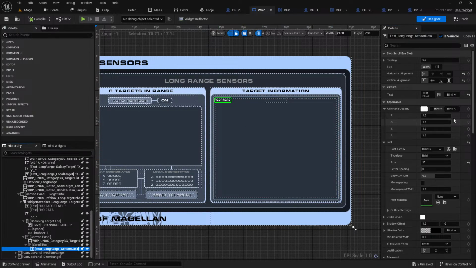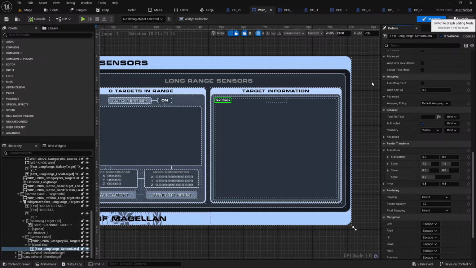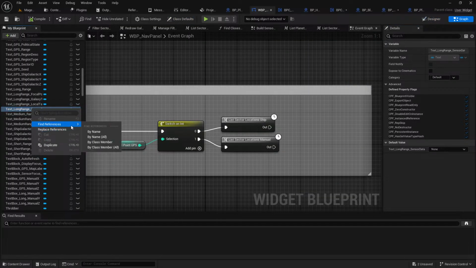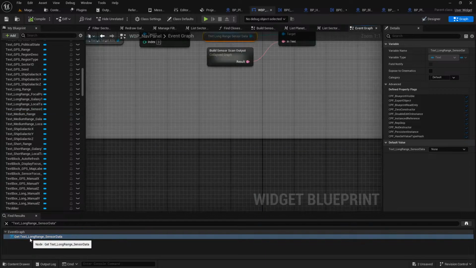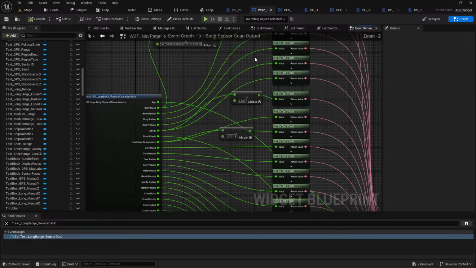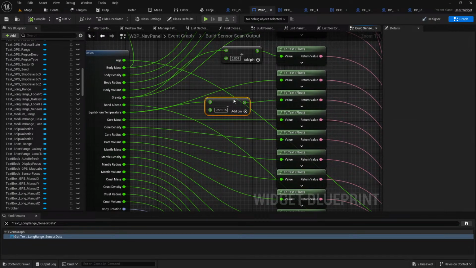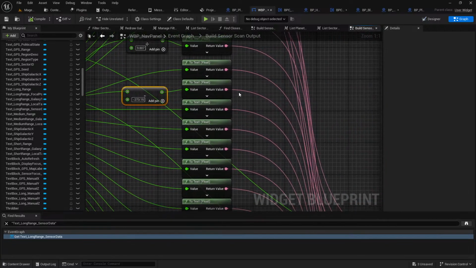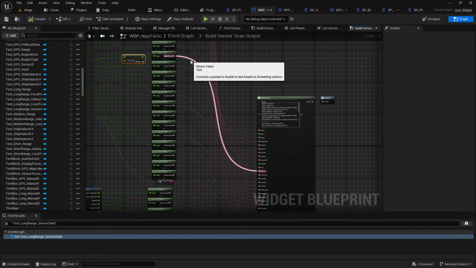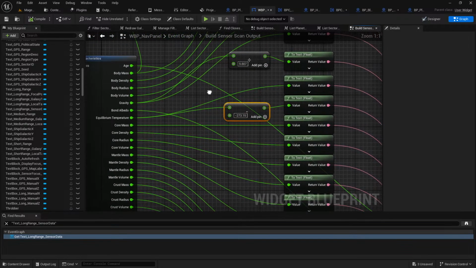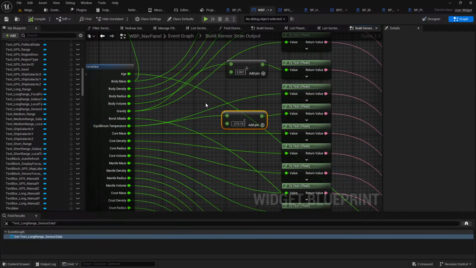Where's the box? There's the box. The ship will have practically an infinite number of probes.